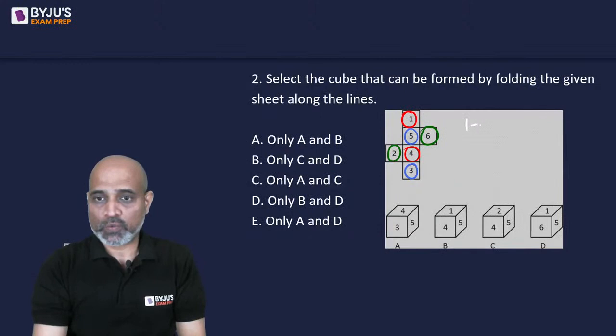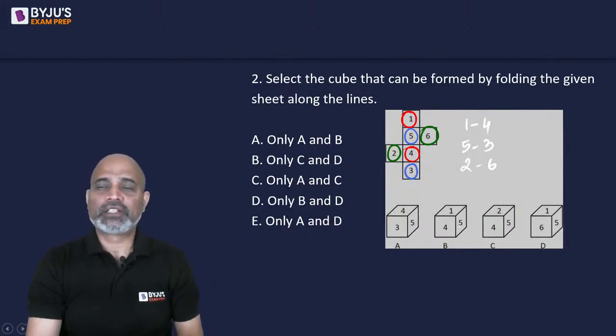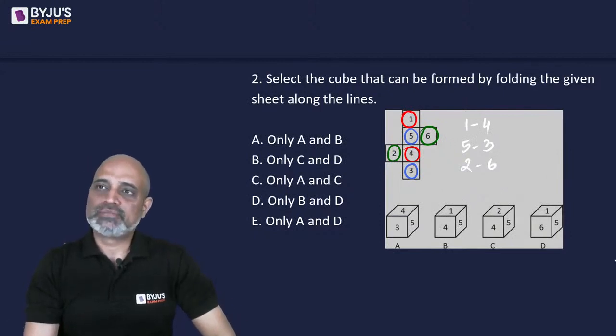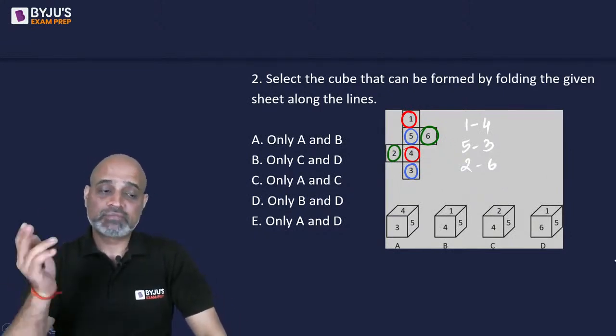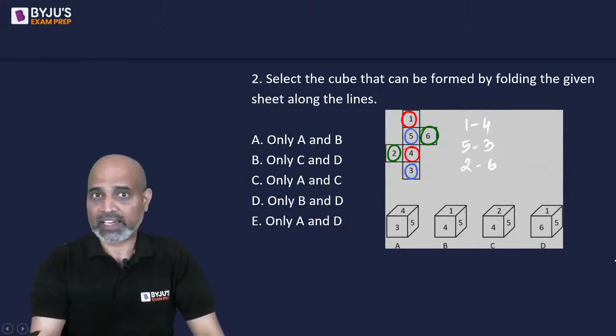As in you have got 1 and 4 opposite to each other, 5 and 3 being opposite to each other, and 2 and 6 being opposite to each other. So any particular die which has opposite faces seen simultaneously in the options, so that cannot be your answer.